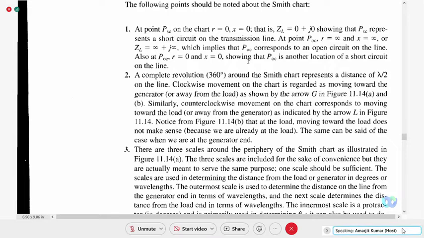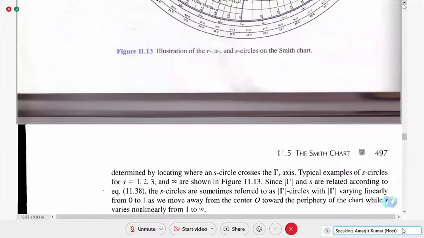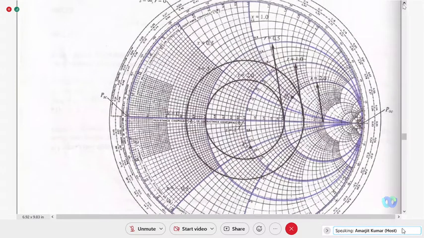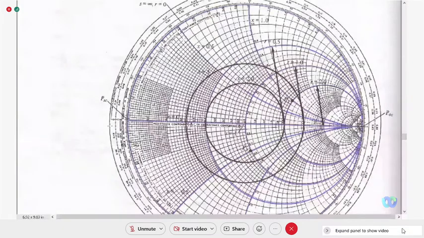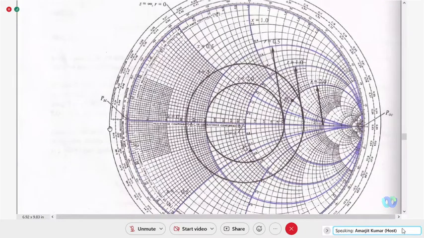Now see clockwise and counterclockwise movement. Clockwise movement on the Smith chart is regarded as moving toward the generator. It is written here, wavelength toward generator on the outermost circle, and wavelength toward load on the middle scale.